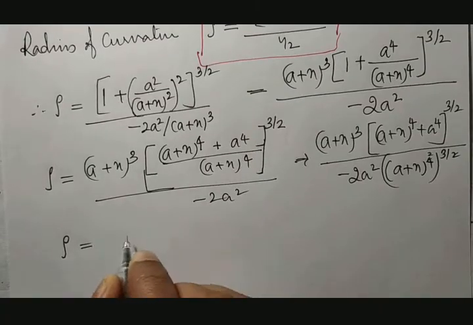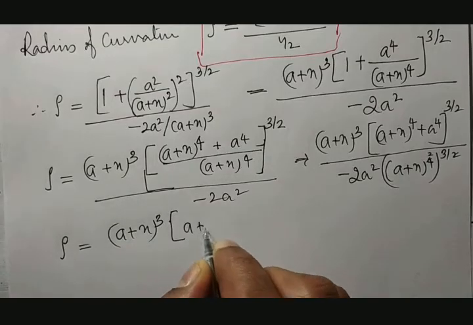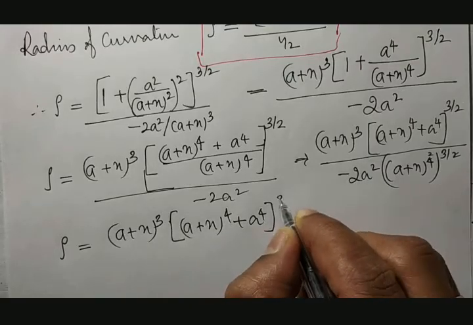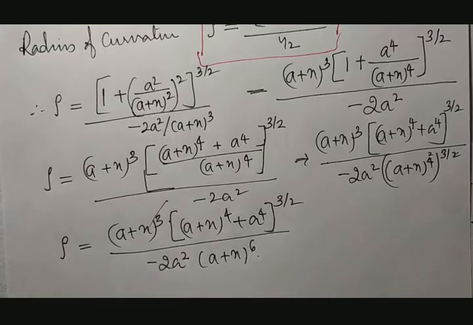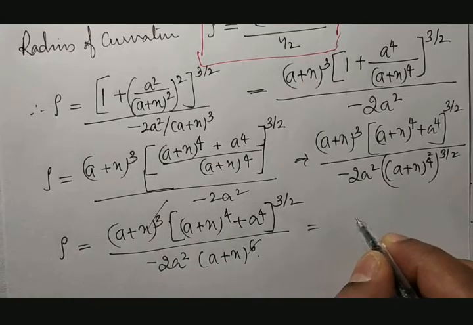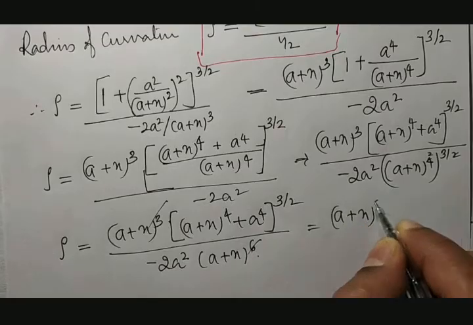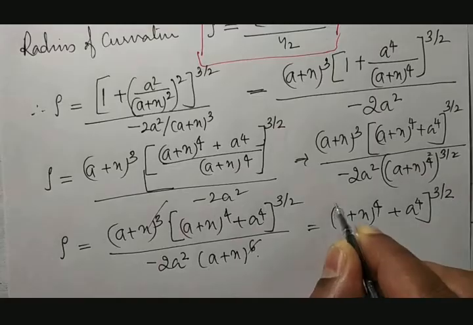Therefore, rho is equal to a plus x the cube into a plus x raised to 4 plus a raised to 4, raised to 3 by 2. This whole thing divided by minus 2a square into a plus x raised to 6. So one term gets cancelled. Therefore this is a plus x raised to 4 plus a raised to 4, that raised to 3 by 2.